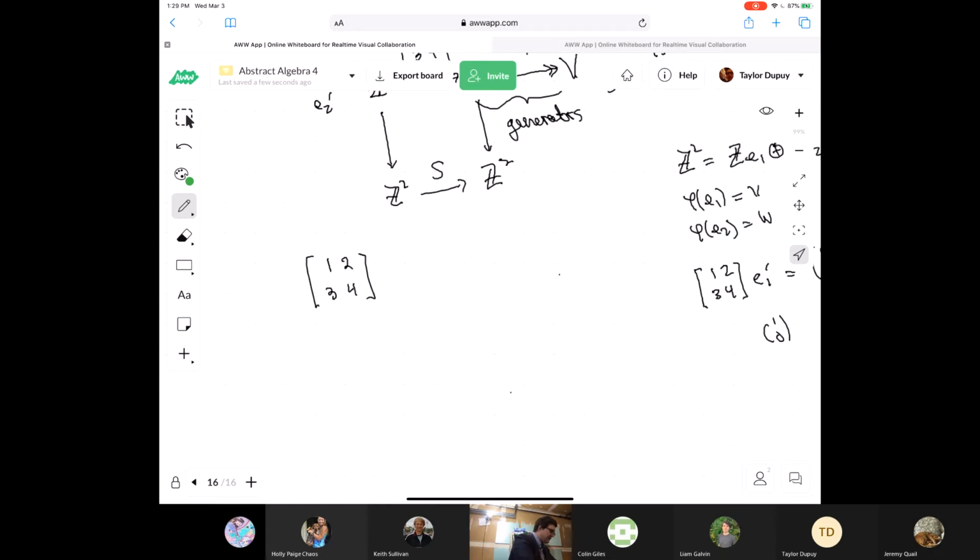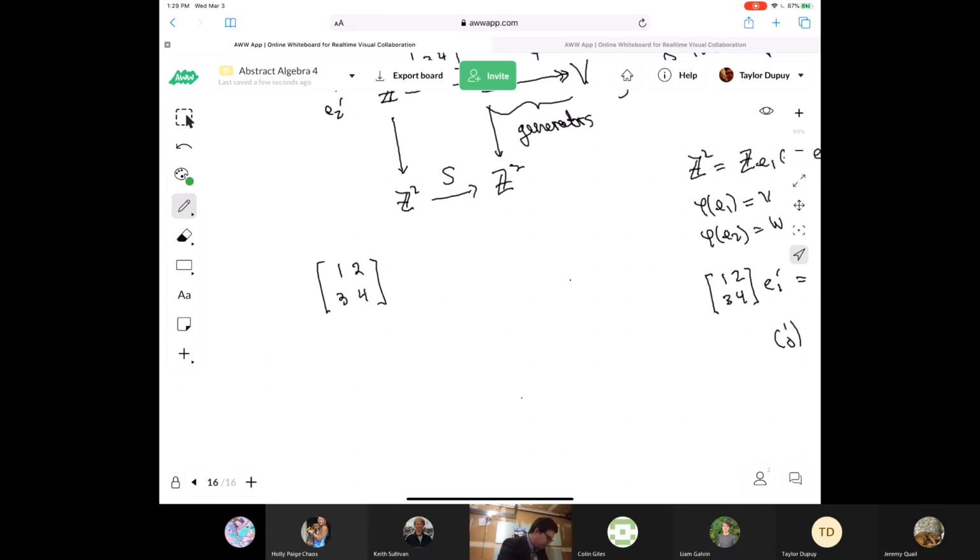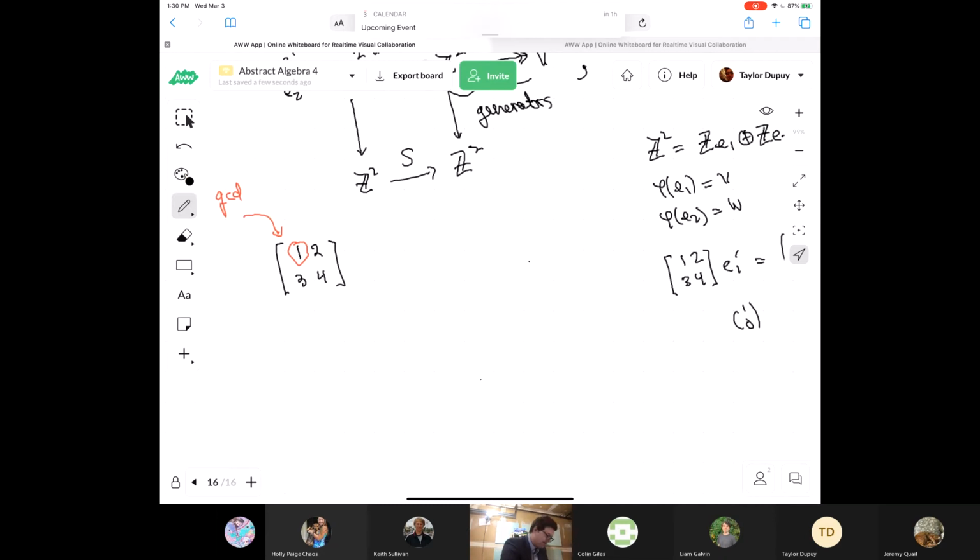To compute the Smith normal form, you want this top piece here to be 1, or the GCD of the other pieces. So 1 is going to be the GCD.